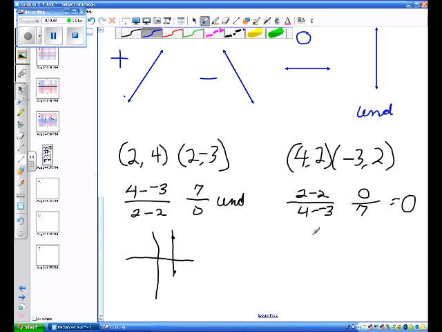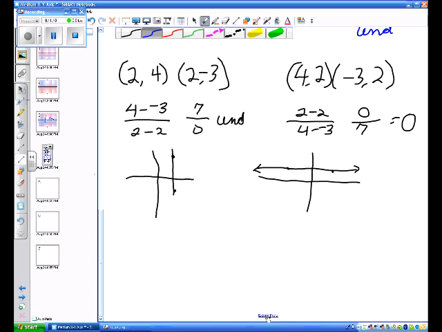If we graphed those points, we have 4, 2, and -3, 2. And you can see that we have a horizontal line. So you need to remember that horizontal lines have a slope of 0, vertical lines have a slope that's undefined.